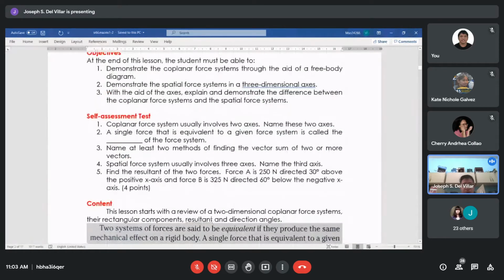before going through the content, no? But you can just answer this later on, no? Because we started too late, because of the enrollment procedures. Okay?